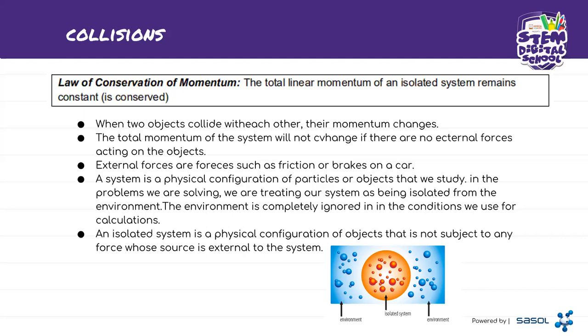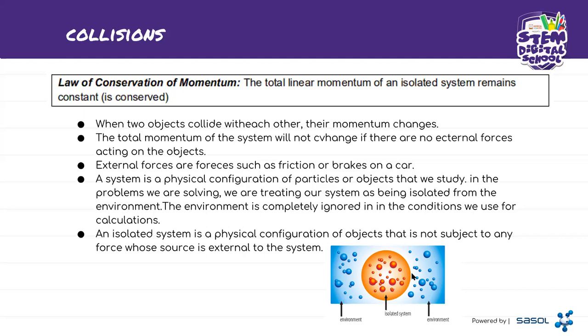An isolated system is a physical configuration of objects that is not subject to any force whose source is external to the system. So there we have a small sketch. This is our isolated system, and this is our environment. It's just like throwing a ball.